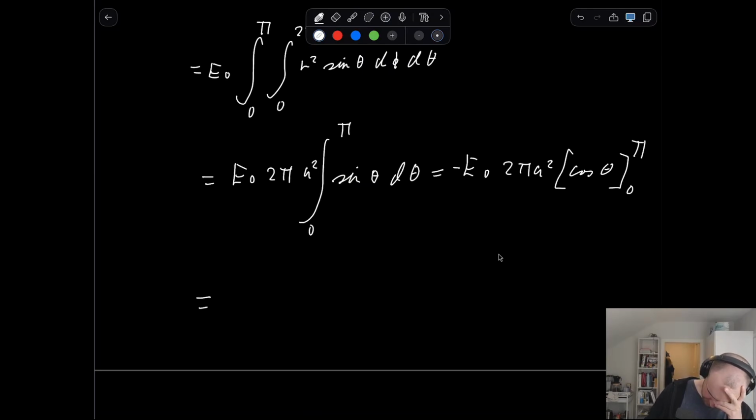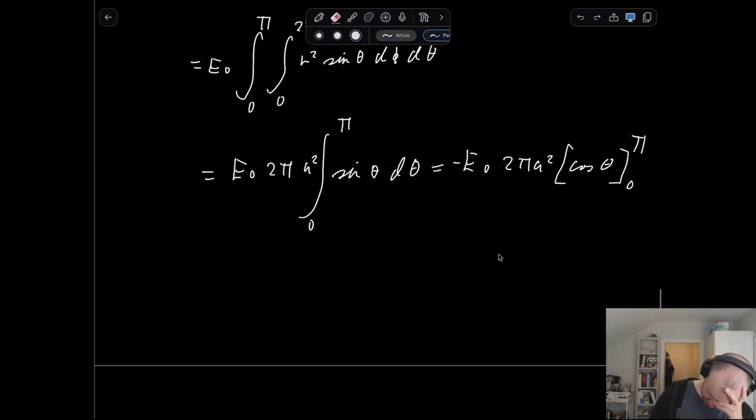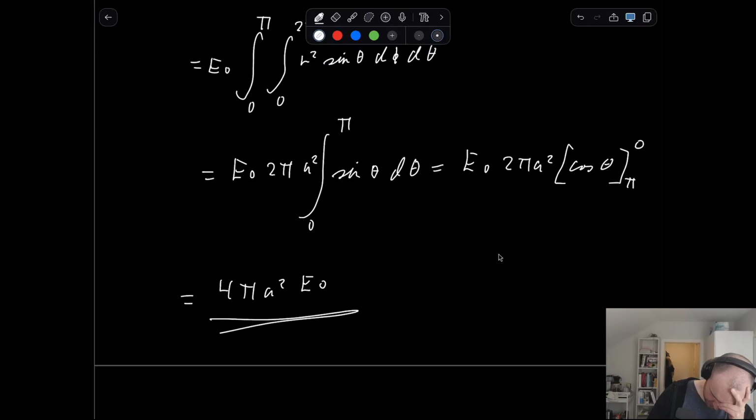We can just flip the limits, which is also more fun, so I can just do 0 to pi instead. Then I just get 1, and minus minus 1. So this will be 4 pi a squared E0, just like that. Perfect.